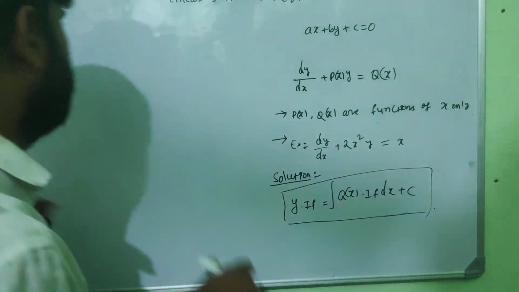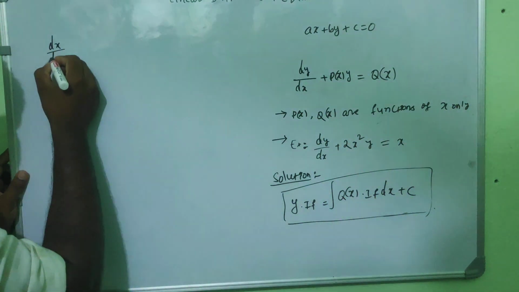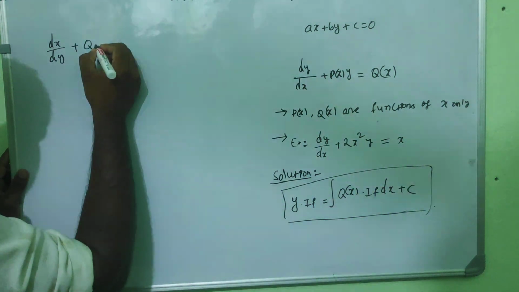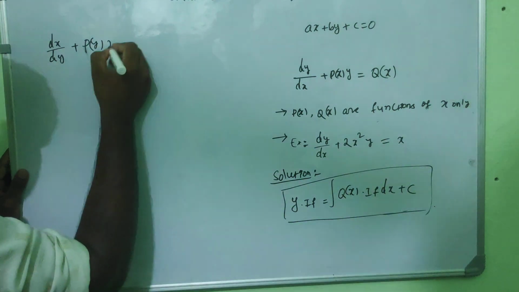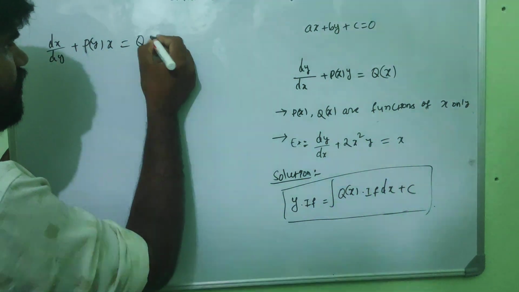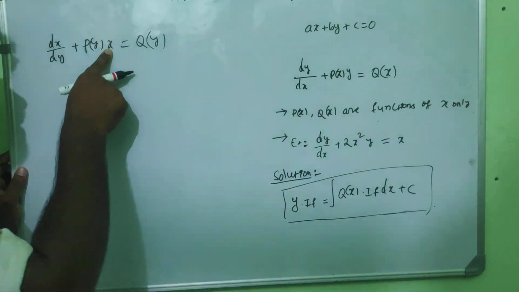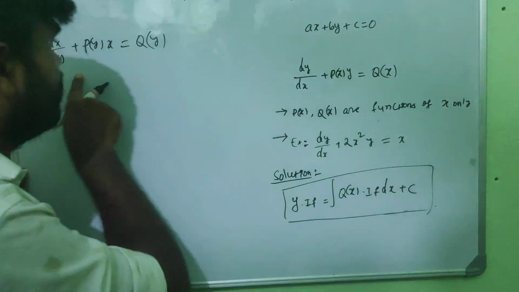What if the linear differential equation is of this form, dx upon dy plus p of y times x is equal to q of y? If we see here, what is the dependent variable? x. And what is the derivative of the dependent variable? dx upon dy.